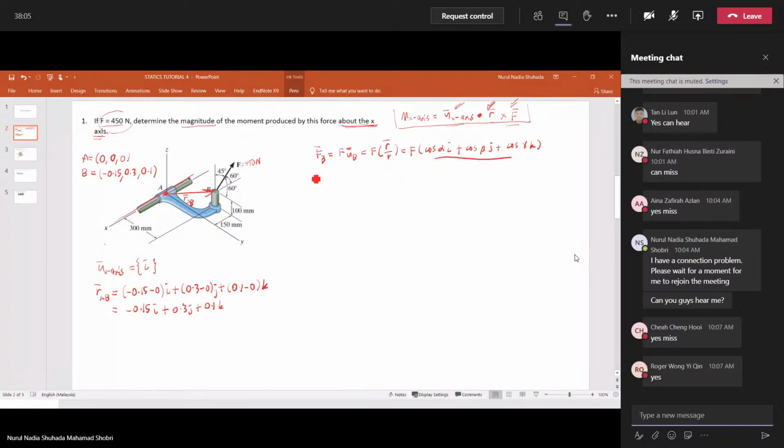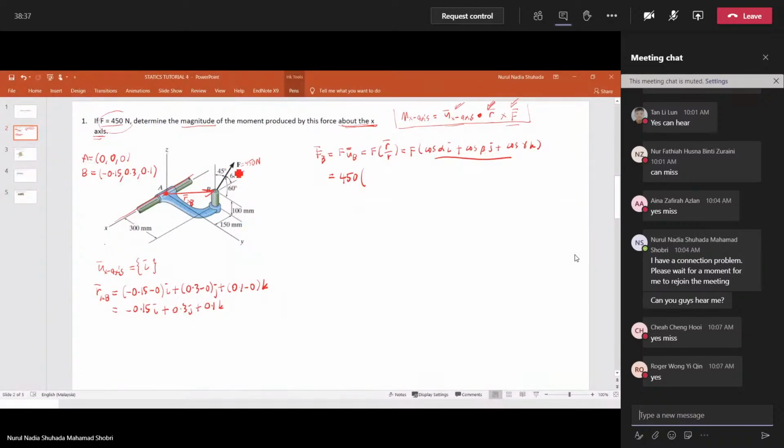So F is 450. Cos alpha is here because this force's angle is between the force line and the x-axis line.